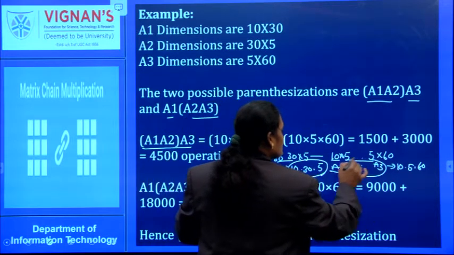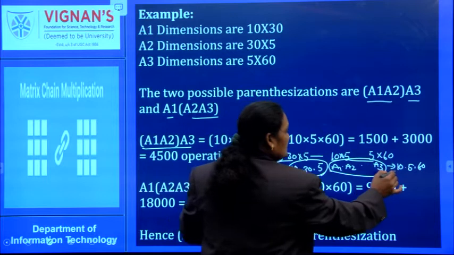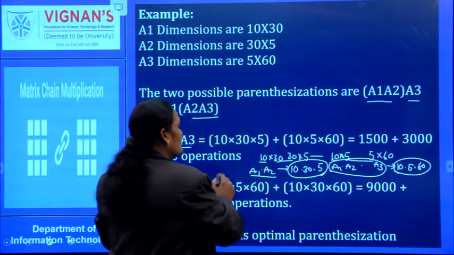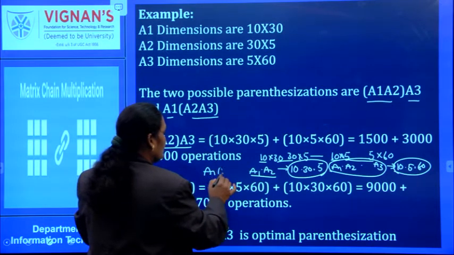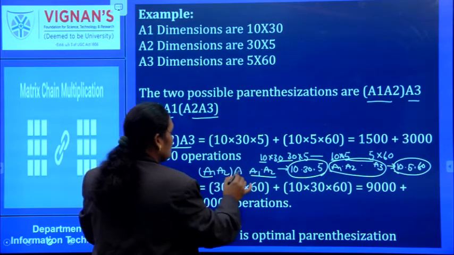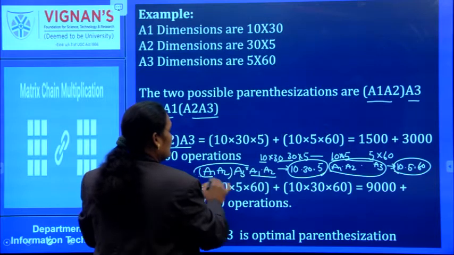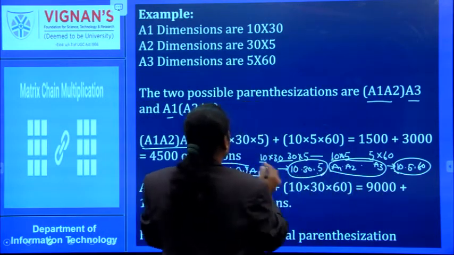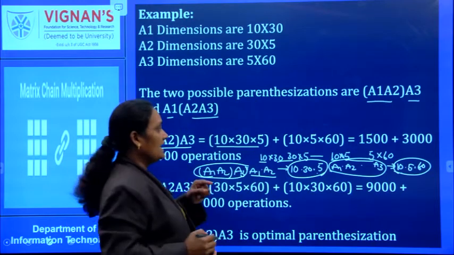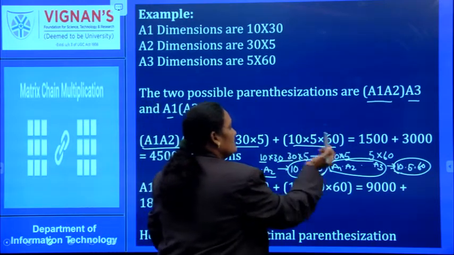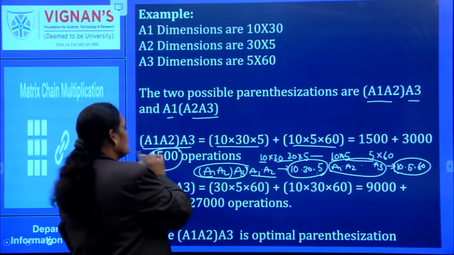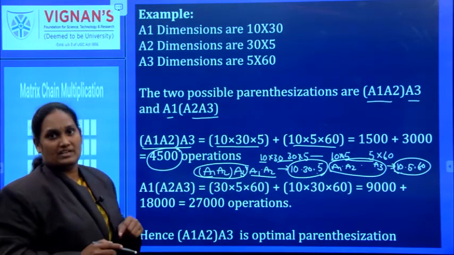For the second process, the result is multiplied with A3, we need this number of multiplications. Now the total number of multiplications required to perform A1 into A2 into A3 is this one plus this one, that is 10 into 30 into 5 plus 10 into 5 into 60.